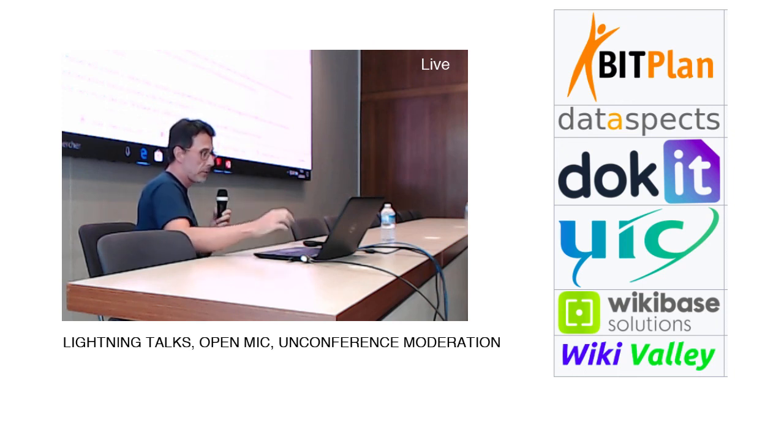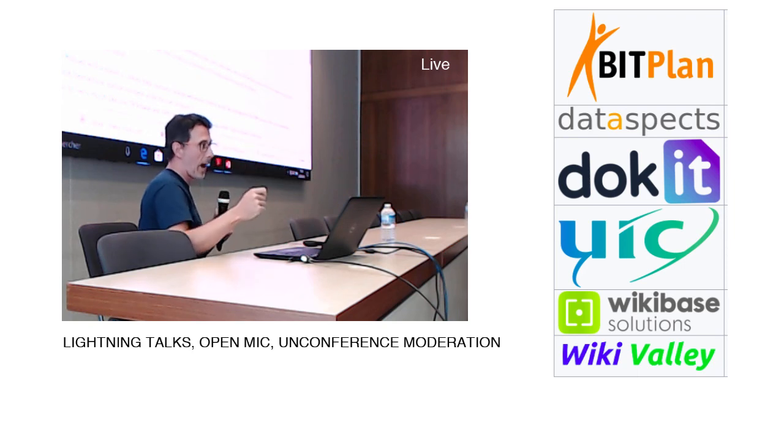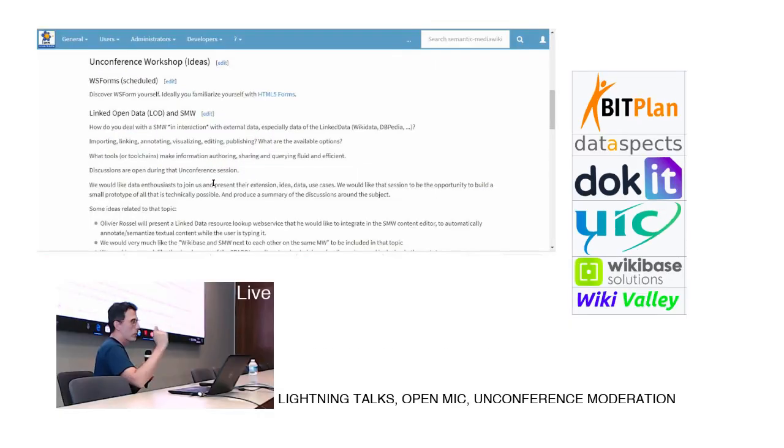But I would have loved, for example, when I typed my name, or when I typed linked data, or SMW, whatever, I would have loved the editor to pop up something and say that somewhere in the web of data, in some other Semantic MediaWiki, which are also part of the web of data, there is a resource called Olivier Rossel there and there and there.